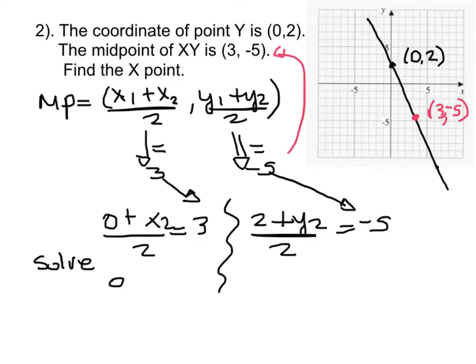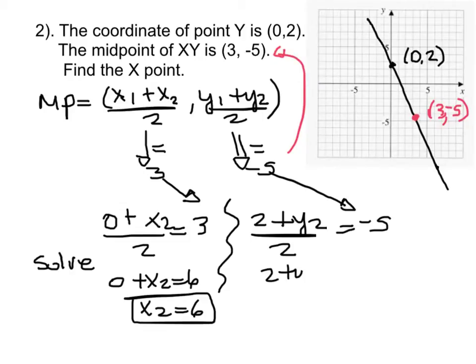Here we go. We have 0 plus x2 is equal to 6. So x2 is equal to 6. I already have the value of x. Let's see the value of y. 2 plus y2 is equal to minus 10, because we're going to be multiplying the 2 and the minus 5. It gives me minus 10.